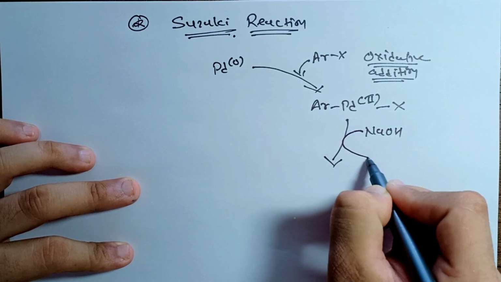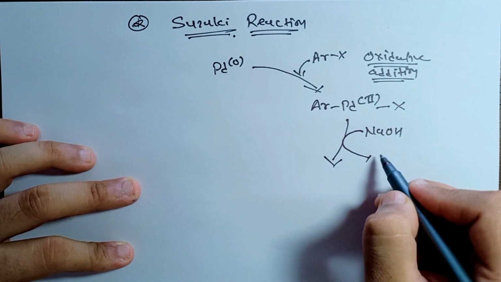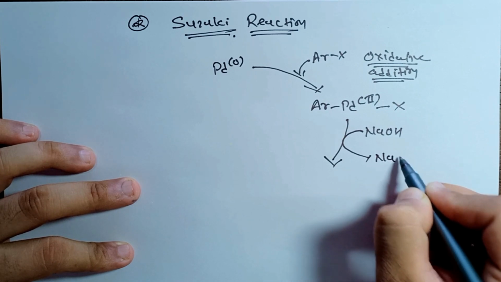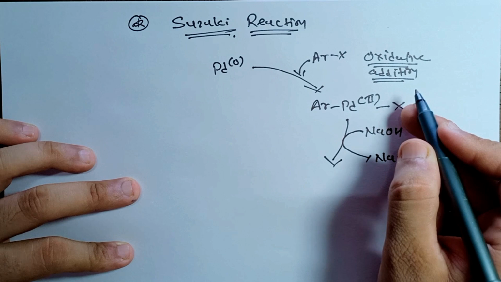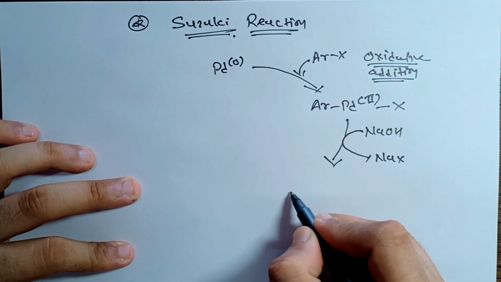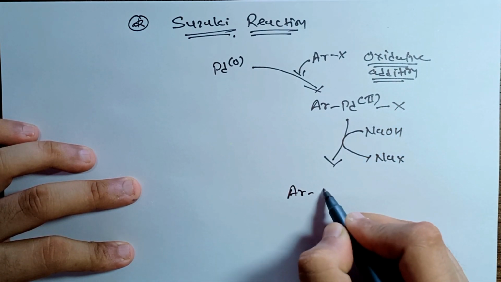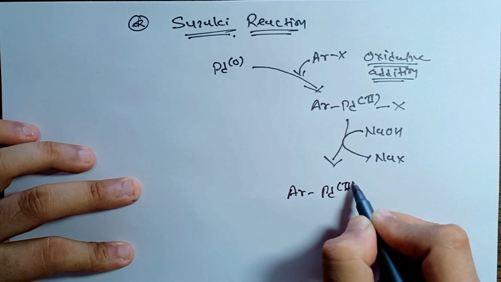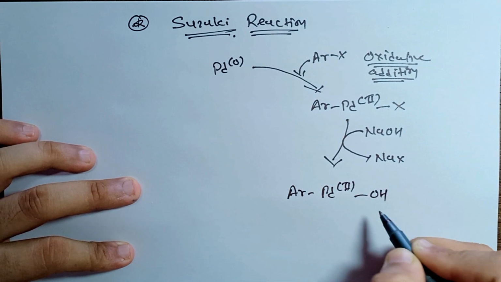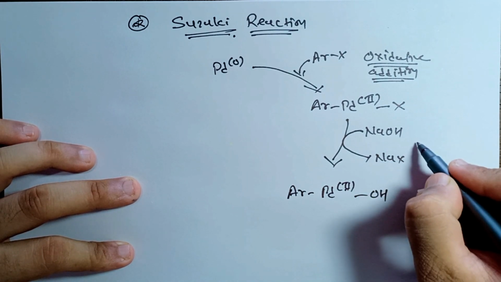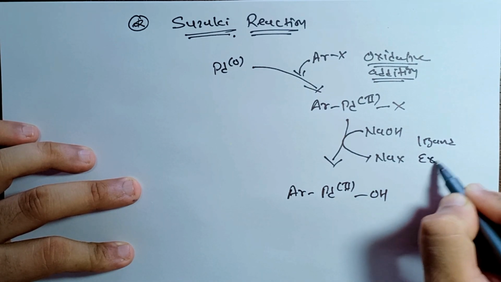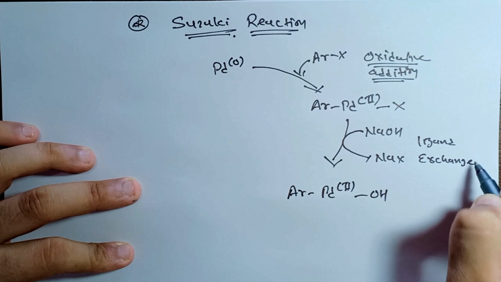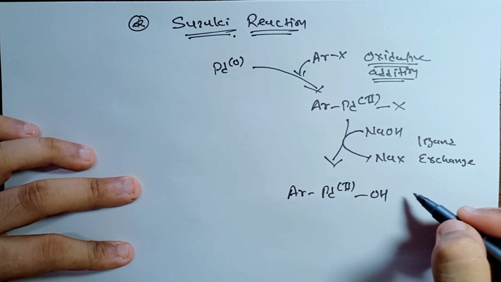This NaOH replaces the X group, which is converted into NaX, and the OH takes the place of the X group. So here we have Ar, palladium 2, and the OH group. This is known as ligand exchange, where the halogen is exchanged by the hydroxyl group.